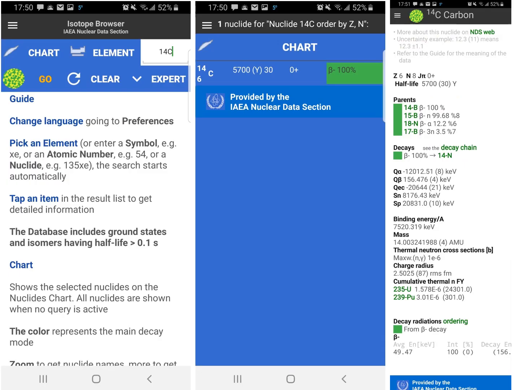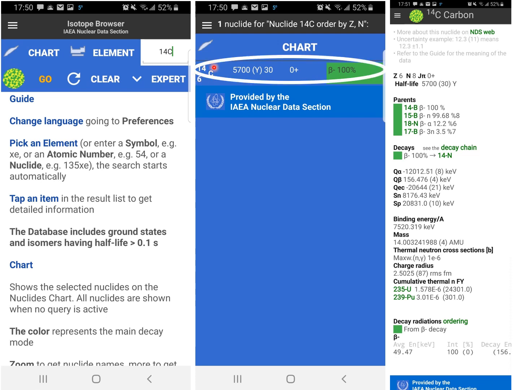If you had the isotope browser, the first thing you'd want to do is select the isotope you're interested in. So here is carbon-14 listed. You would then select Go, and that would bring you to this page.